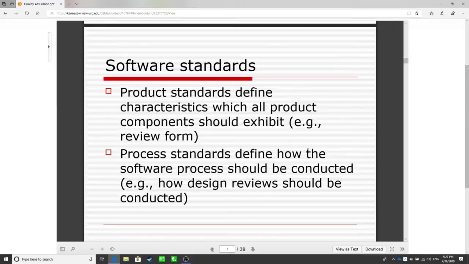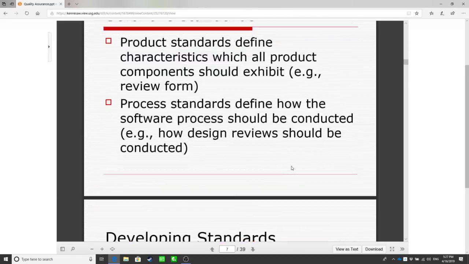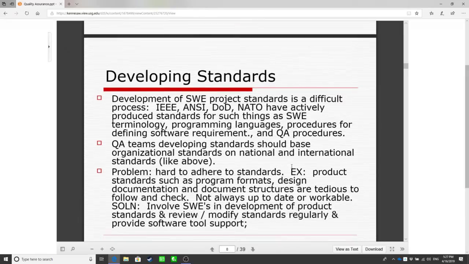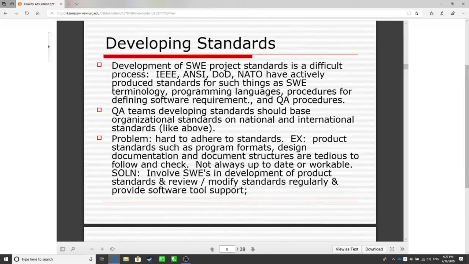No, because maybe some parts, yes, they have some of the standard process in common, but those two application domains are totally different, right? So defining some standard for the process is hard, but people are trying to do these things. There are a lot of organizations doing this, like IEEE, DoD.